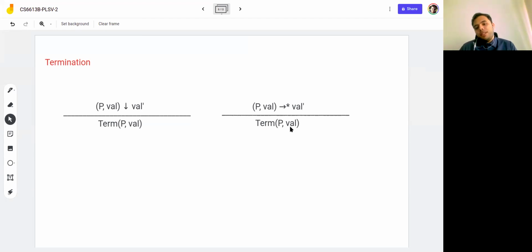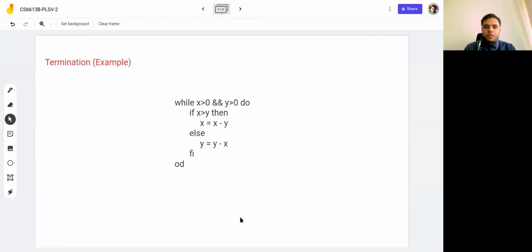But what we are really more interested in, especially when we are doing verification, is to prove that a given program terminates on all initial valuations. So we are going to use these formal definitions of termination together with our formal semantics to prove that a given program terminates on all initial values. And the program that we are going to prove this for is basically the same program that we saw in the previous session, which is this Euclidean algorithm for computing greatest common divisor.